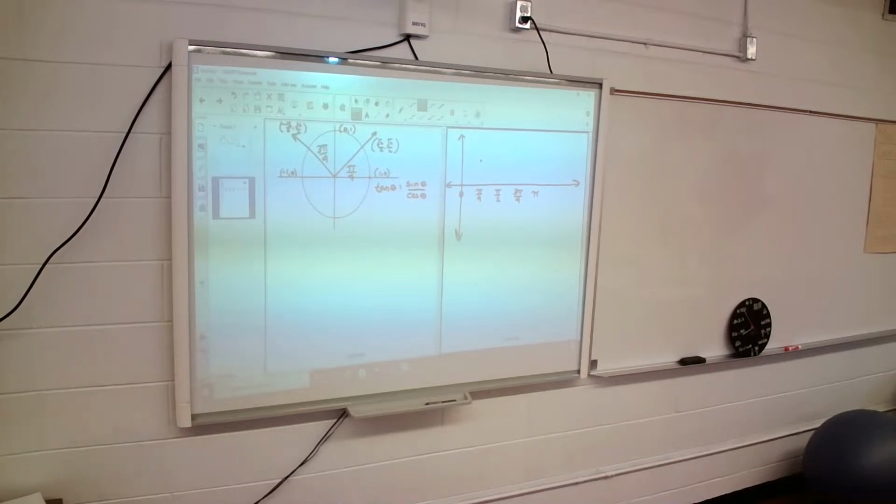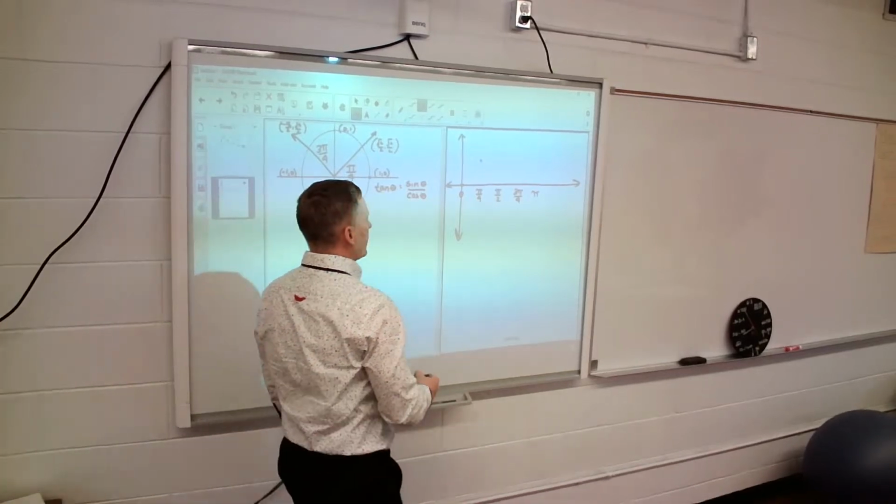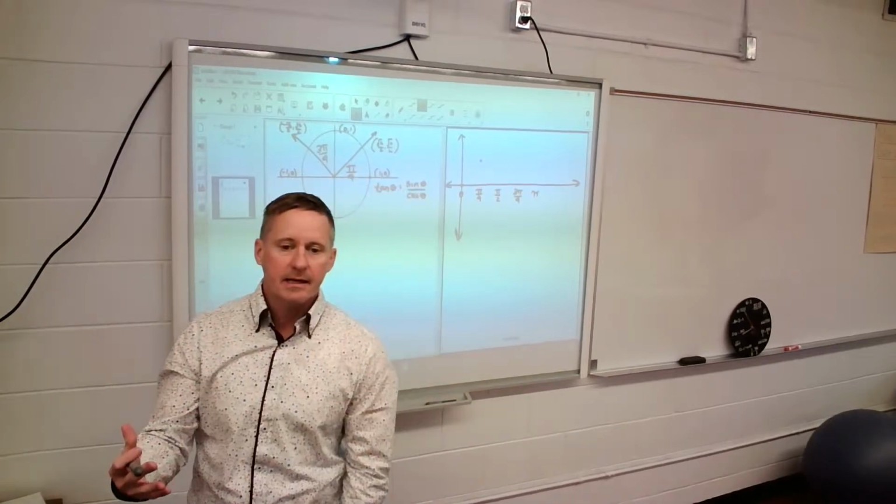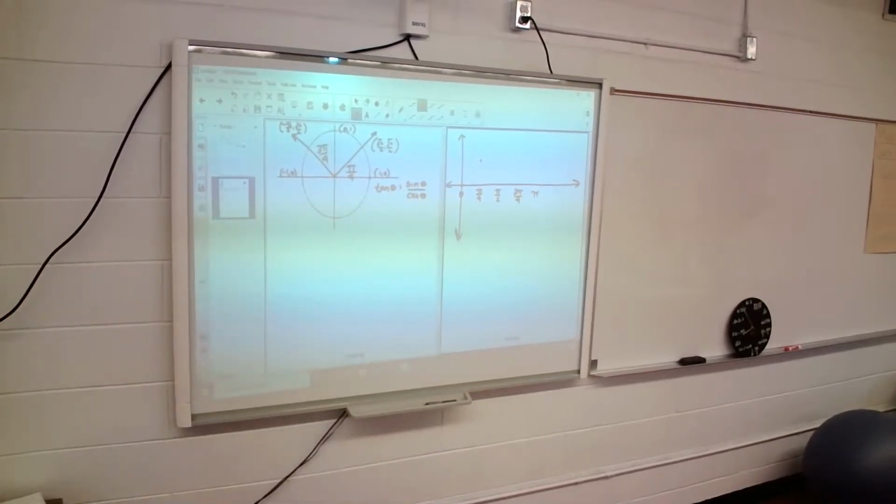At pi over 2, what does the sine over cos give you? 1 over 0. What do we say 1 over 0 is? Undefined. Yes, very good. Anytime that we have seen an undefined value on a graph, we draw in an asymptote.